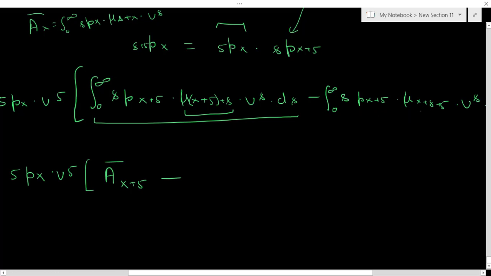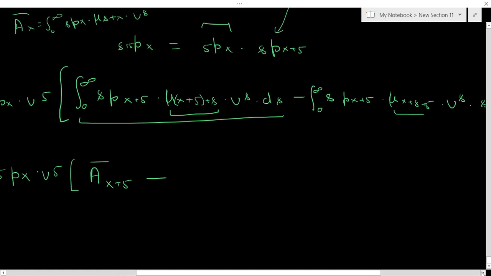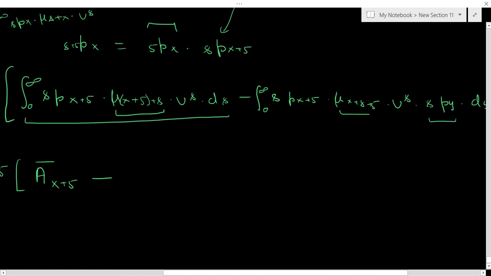It's just saying that I want a life aged x plus 5 to live for s years and then die immediately. And at this moment, a life aged y should still be alive, right? This life is dying at time s, and this life should be alive, and then and only then I would be making a payment which would be discounted back till time 0 using this factor, right? So this s can go from 0 to infinity.